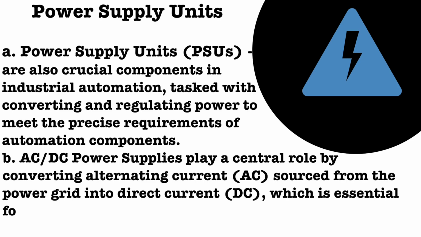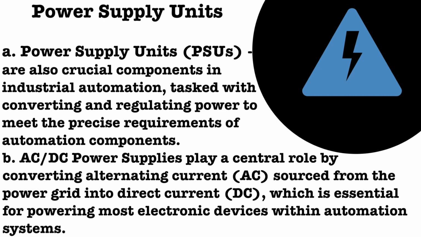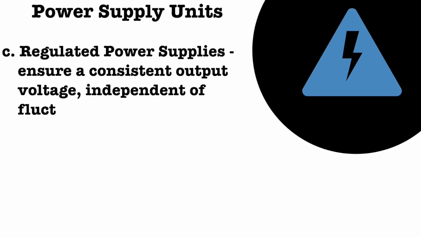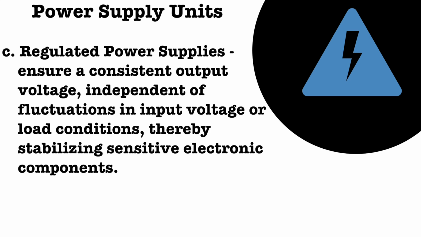AC and DC power supplies play a central role by converting alternating current sourced from the power grid into direct current, which is essential for powering most electronic devices within automation systems. Regulated power supplies ensure a consistent output voltage independent of fluctuations in input voltage or load conditions, thereby stabilizing sensitive electronic components.